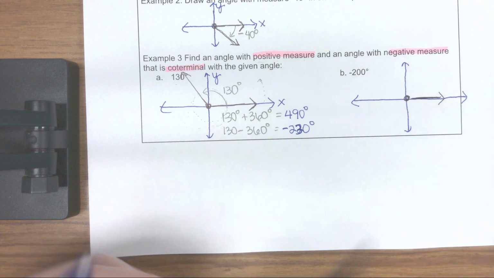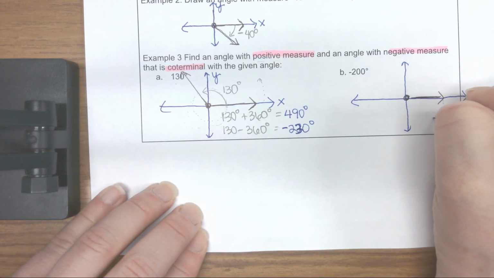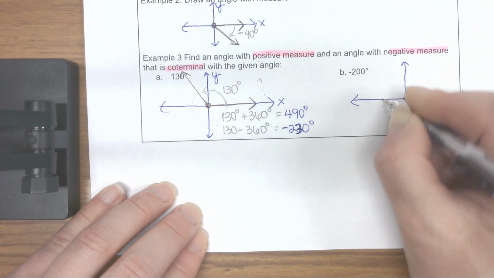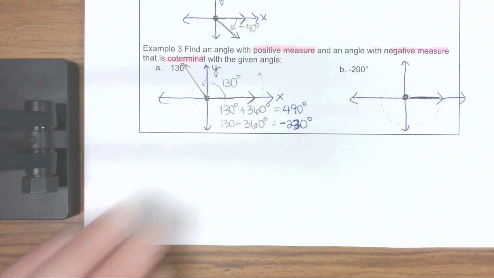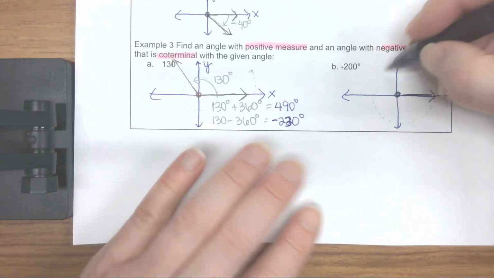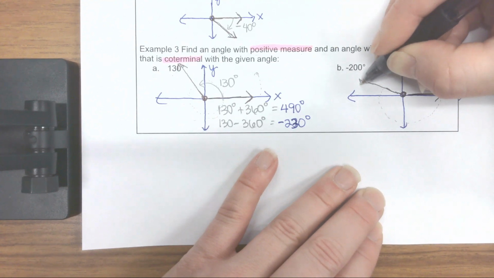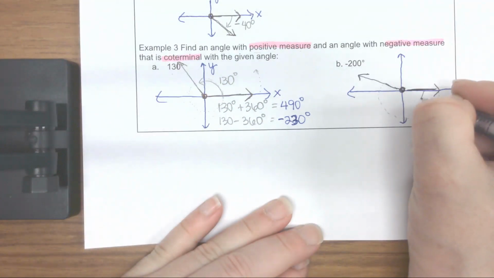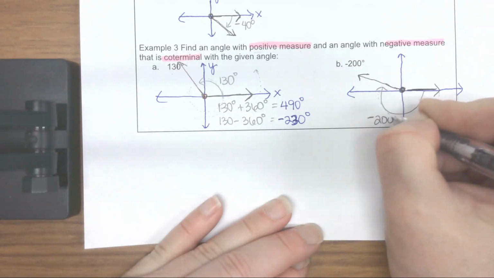So I'm going to go in the negative direction, so I'm going to go down this way. Right now I'm at negative 180, and I would want to go 20 degrees past there. And there's negative 200 degrees.